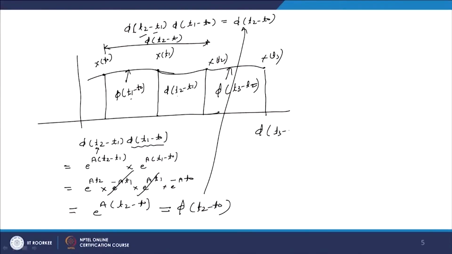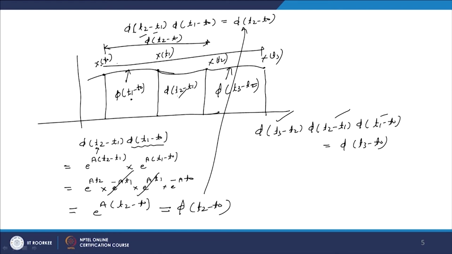That is phi of t3 minus t2, phi of t2 minus t1, phi of t1 minus t0, which is equal to phi of t3 minus t0.